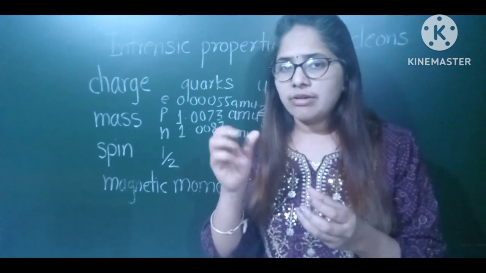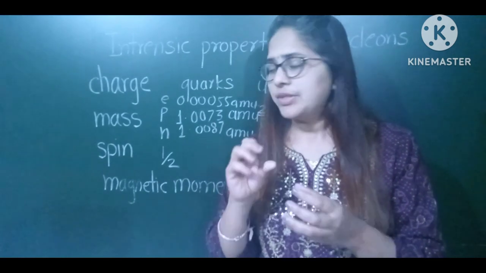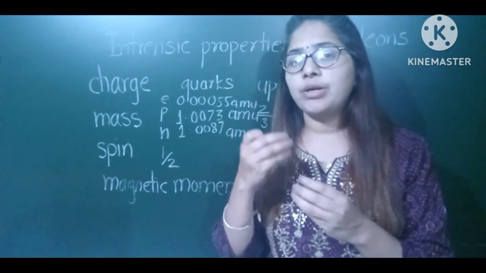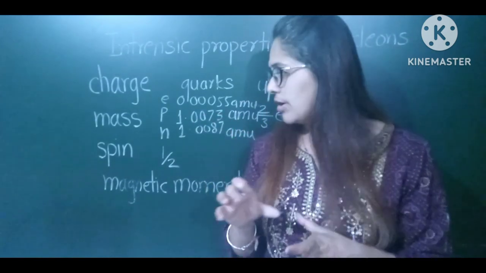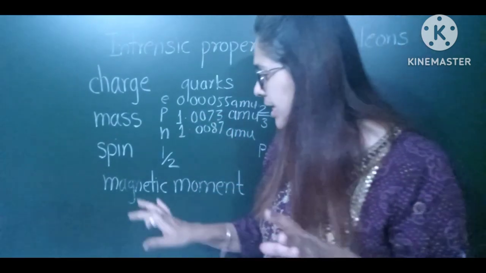Similarly, when the electron is spinning about itself, the magnetic moment generated due to the spinning motion of the electron is called the spin magnetic moment.